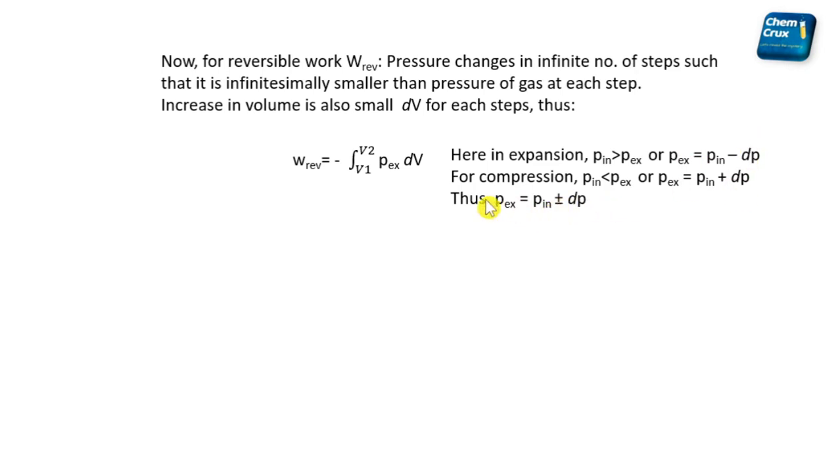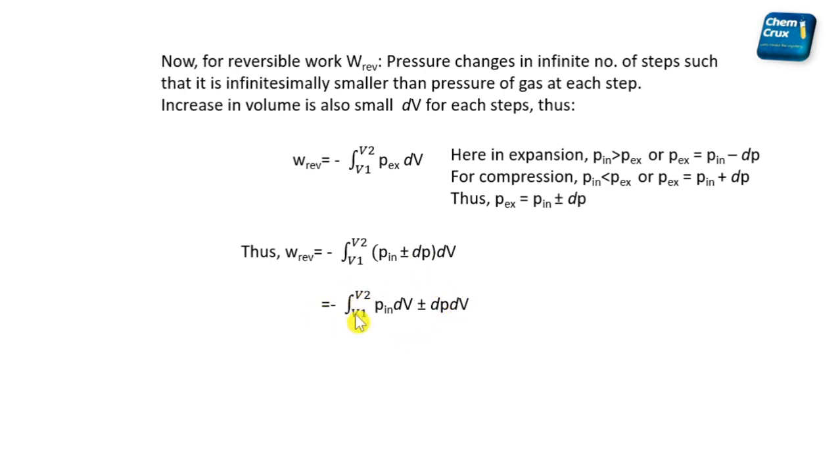Now if we put this equation in this expression, what we will get? We will get this equation, right? Now if we multiply dV with each of these terms, we will get this expression.